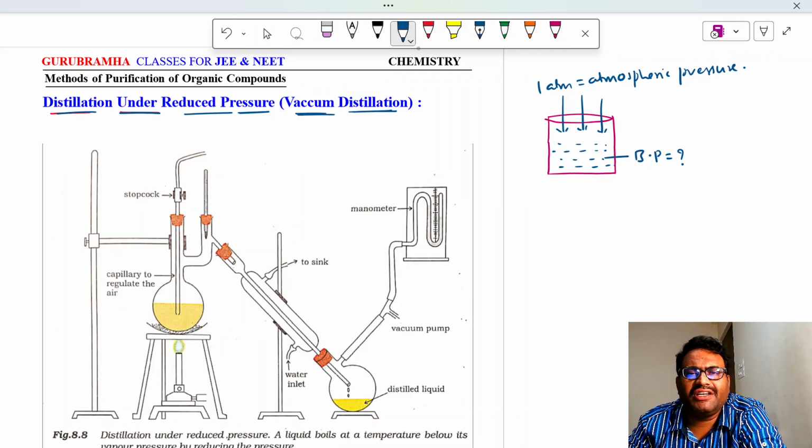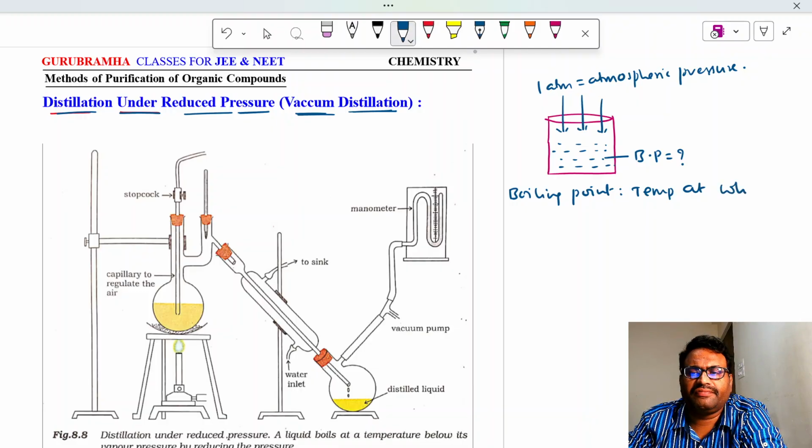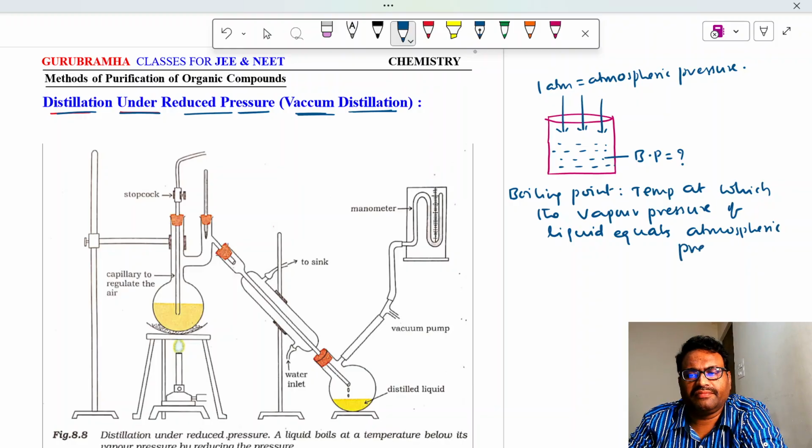Boiling point means it is the temperature at which the vapor pressure of the liquid equals atmospheric pressure.